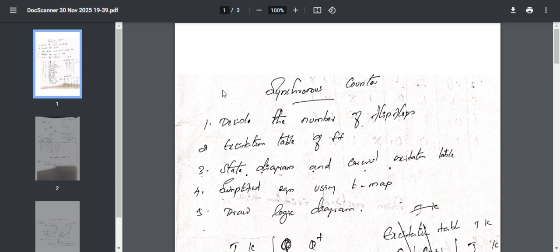Step 3 is the state diagram and circuit excitation table. Step 4 is finding the simplified equation using K-map. Finally, in step 5, we are drawing the logic diagram. So we'll go to step 1 first.